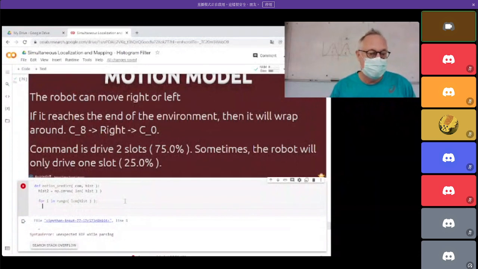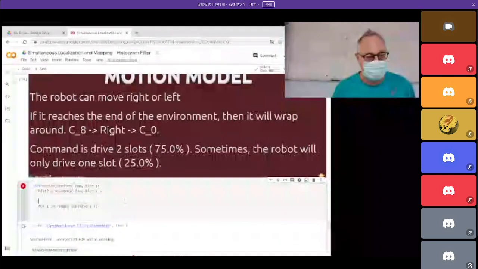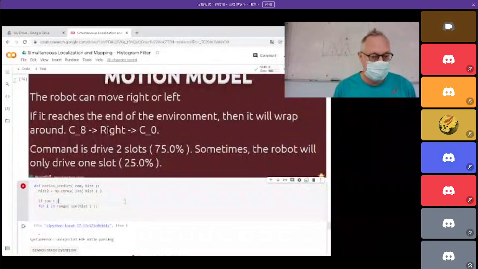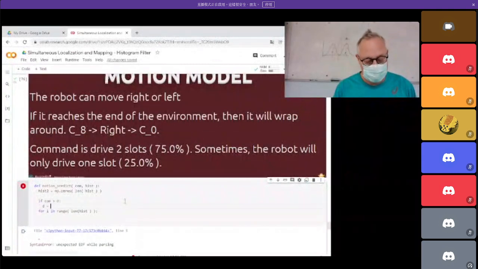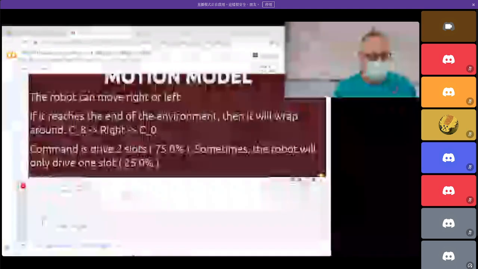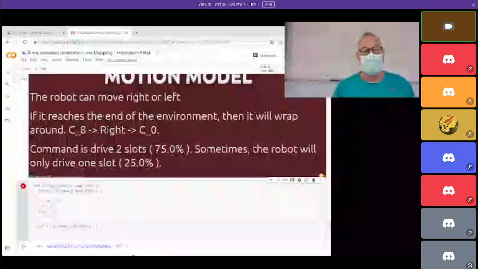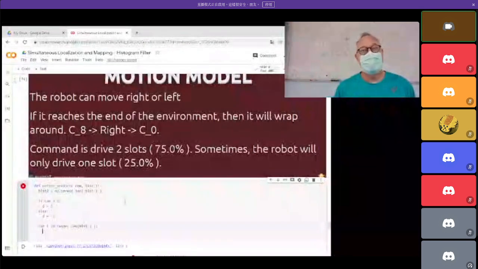So now we have to calculate that. For all the slots, I need to calculate the distribution now.